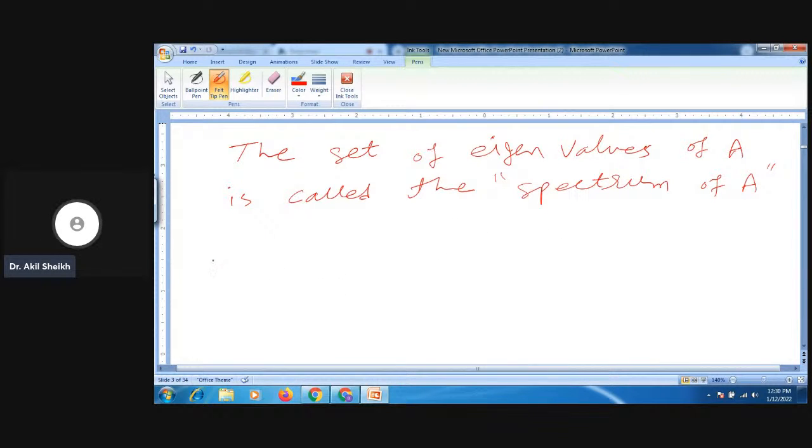Then next is how to find the eigenvector. We consider (A minus lambda I) times x equals 0. Here A is any square matrix, lambda is the eigenvalue, or a scalar, I is the identity matrix, and x is a column matrix.